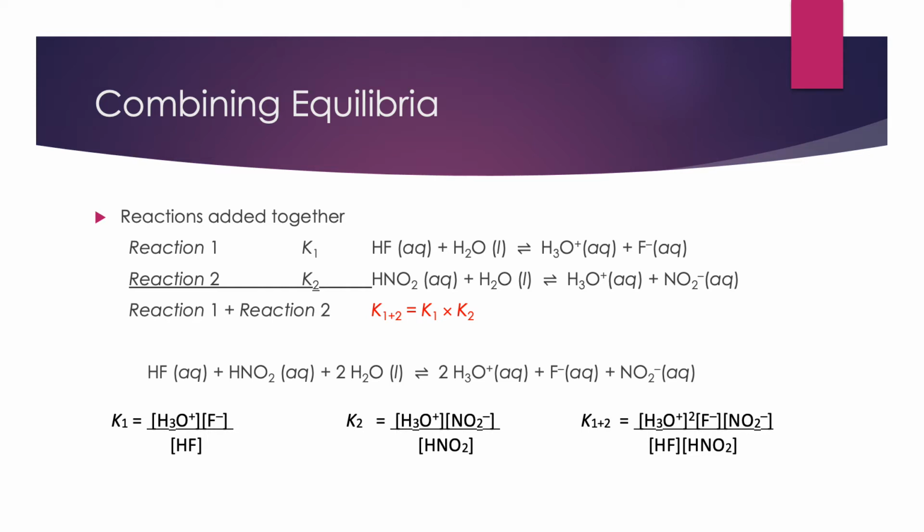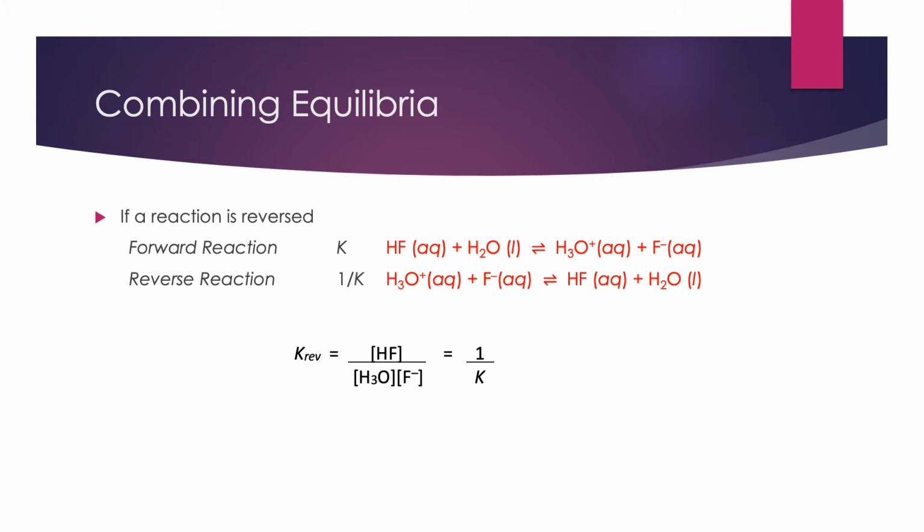Those are shown to the left of that, K1 and K2. They're drawn out explicitly as the concentrations of the reaction species. We can see that K1+2 is actually just the product of the two equilibrium constants for the two reactions that were added together. So this is generally true. If we add two reactions together, two equilibria, and we want to know the equilibrium constant for the sum of those reactions, it's going to be the product of the two equilibrium constants of the reactions that add up to the net reaction.